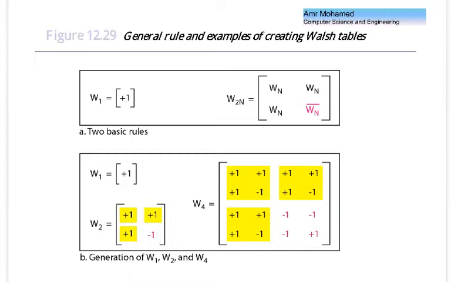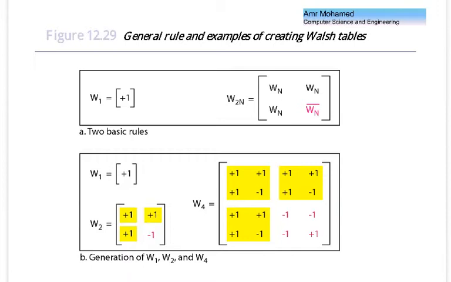We use what we call the Walsh table. Walsh is the name of the inventor who came up with the mechanism to calculate these codes such that the properties that we want are fulfilled in the code representation.